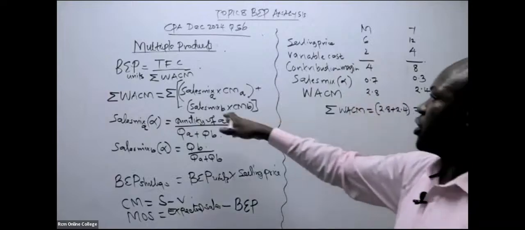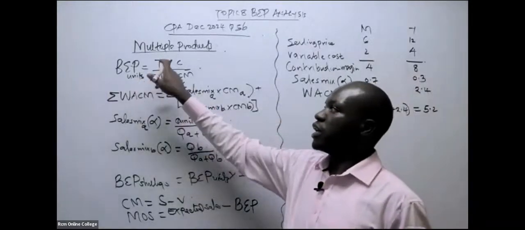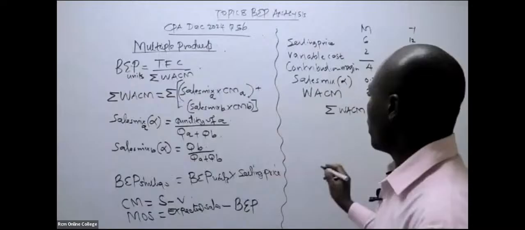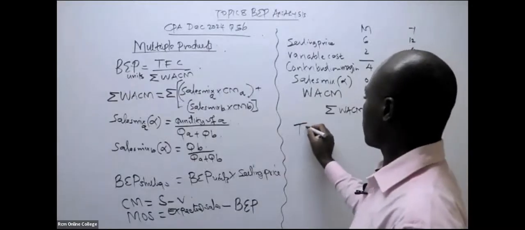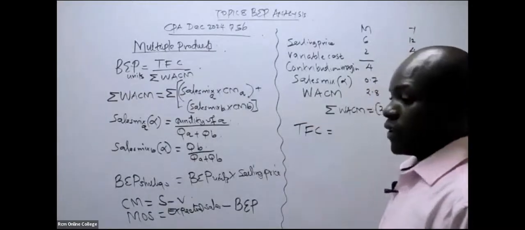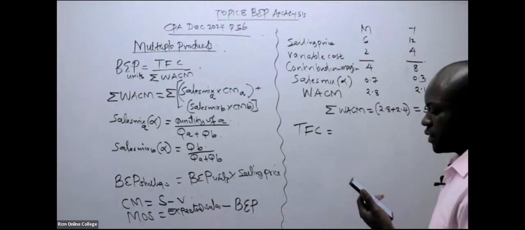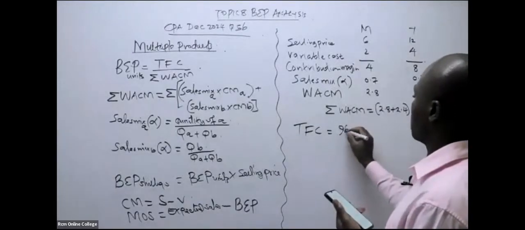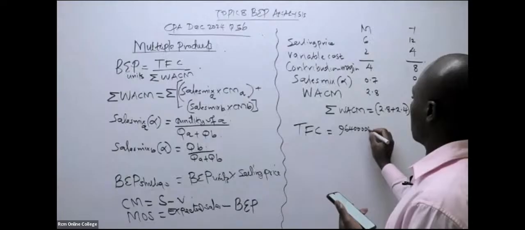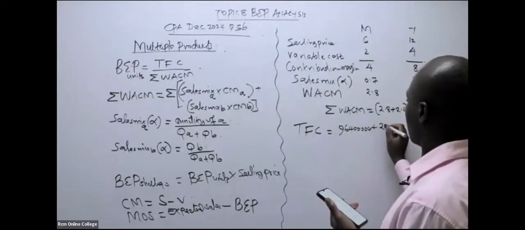So what are we lacking in our formula? For us to be able to get break-even point in units, we now need total fixed cost. Do we have total fixed cost? We are given fixed cost per product. So we have to bring all of them together. 96,400,000 plus 200 million.